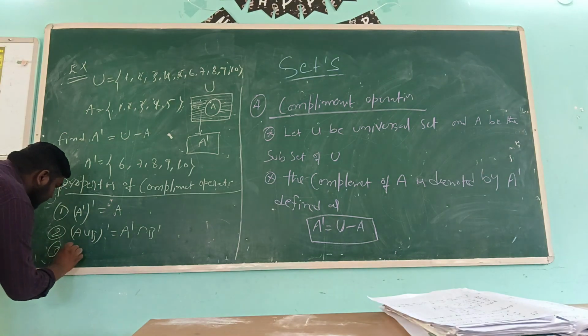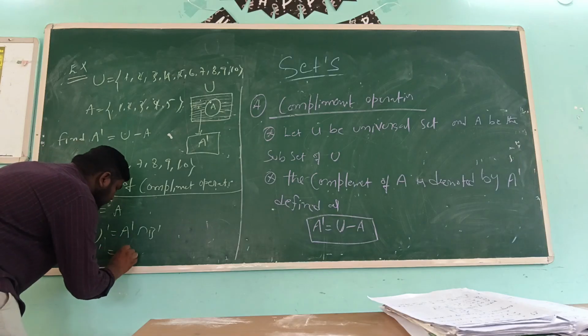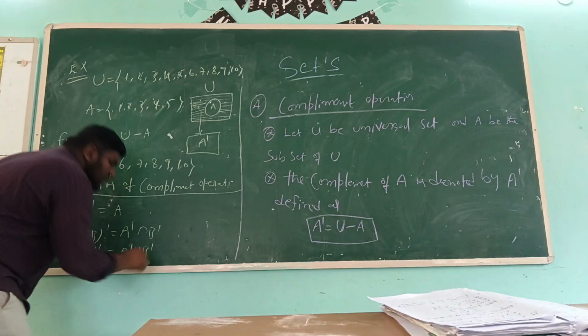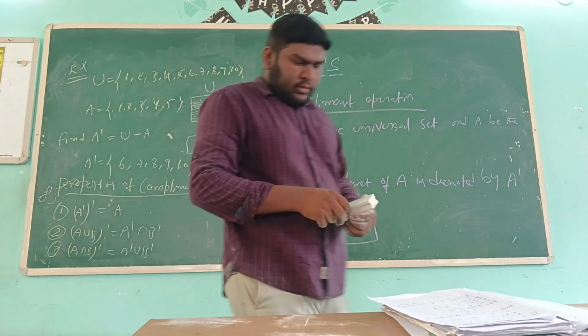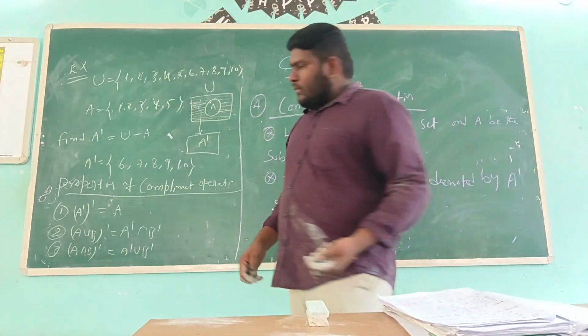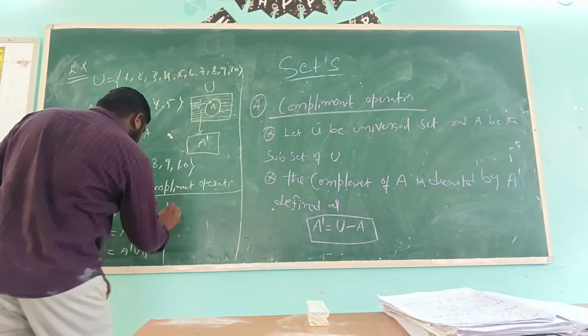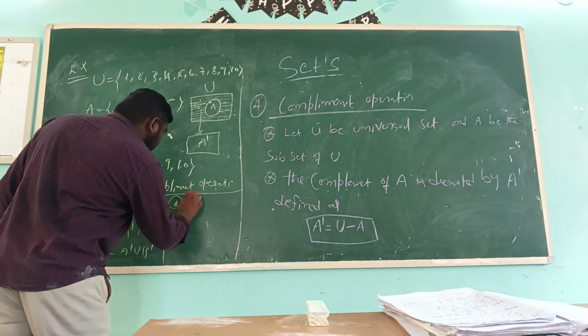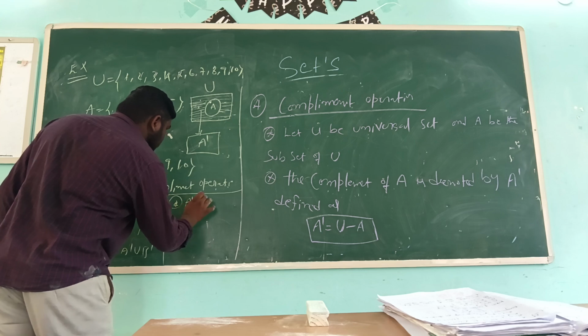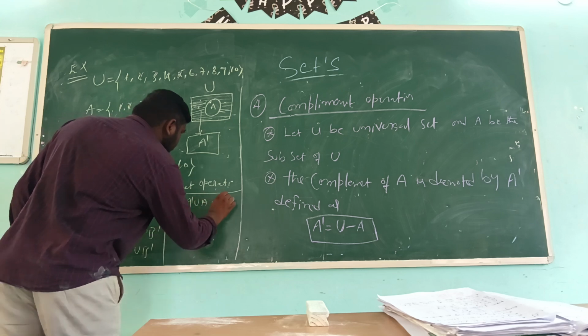Then third: A intersection B whole complement is equal to A complement union B complement. Then fourth: A complement union A is equal to U.